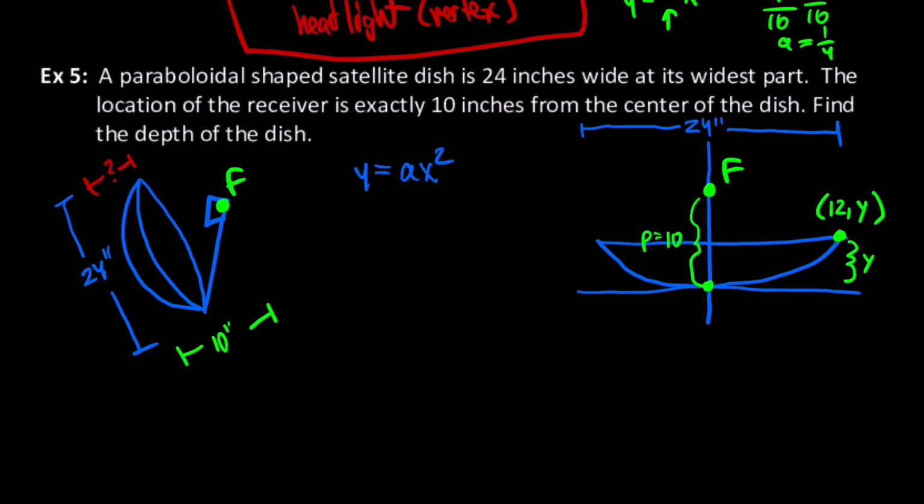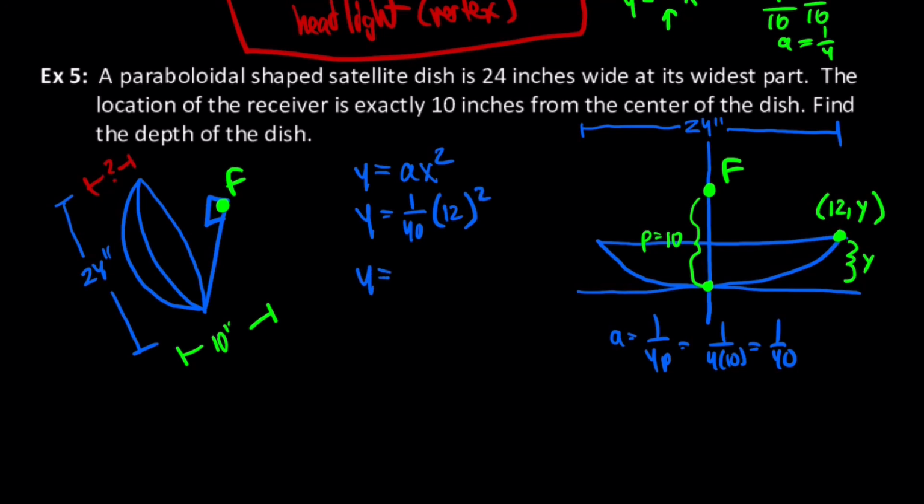Okay, so now, to get a, I'm going to take 1 over 4p. p we said was 10. It's 1 over 4 times 10, 1/40th. Okay, so y equals 1/40th times x squared. Where do you get your x? Right there. It's 12. 12 squared.